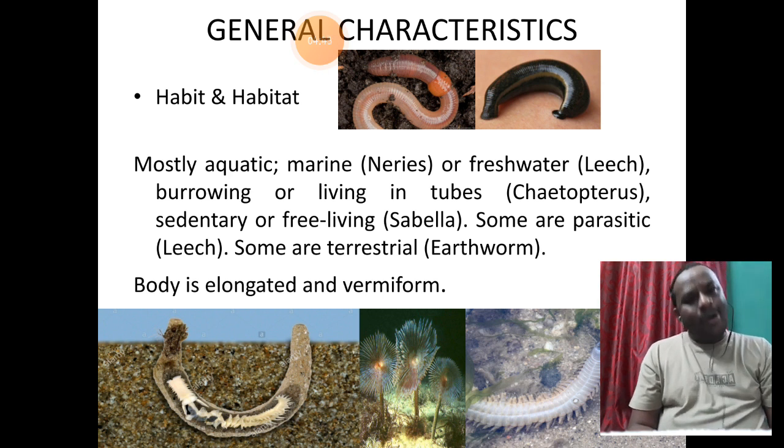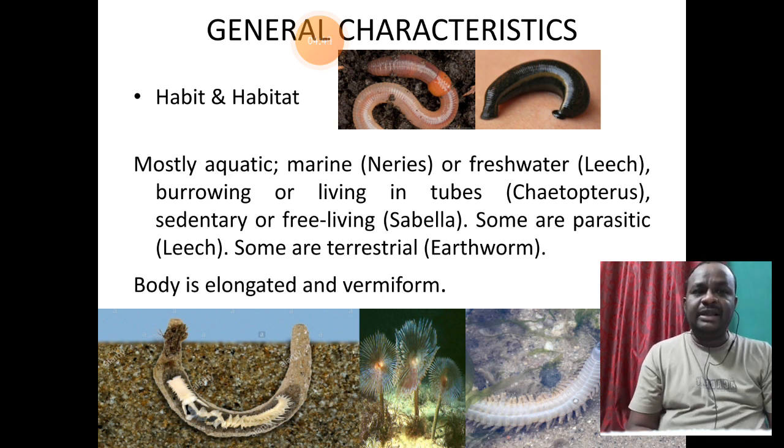Then there are also annelids which are parasites. The best example is the leech, which is said to be sanguivorous, which means it feeds on the blood of vertebrate organisms.